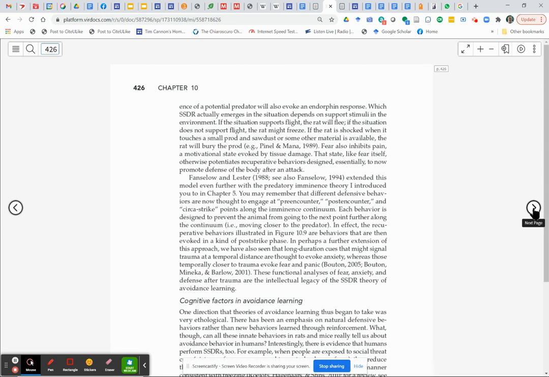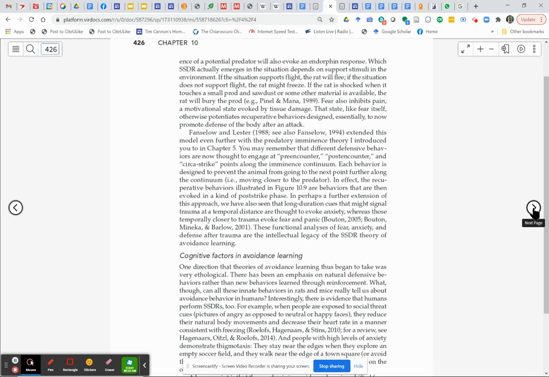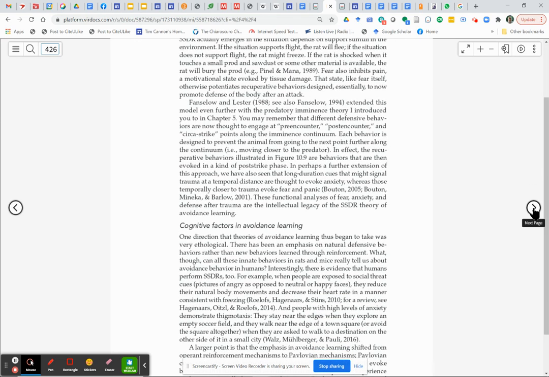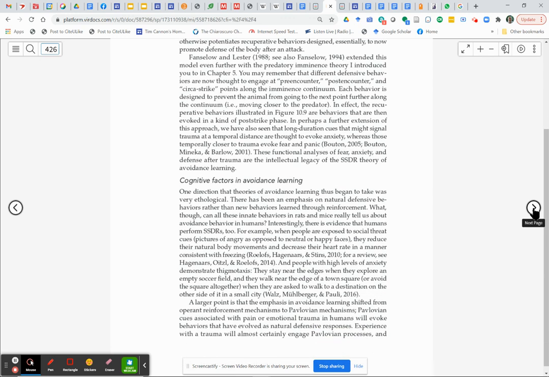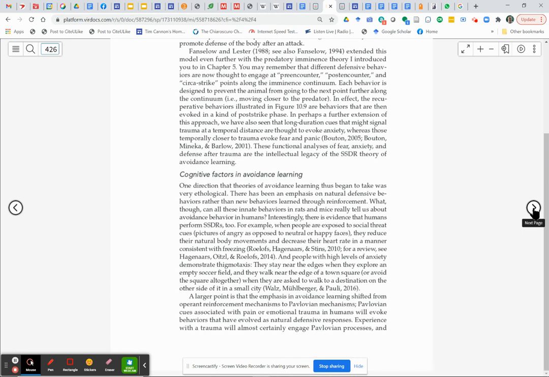Now there's the burying behavior, pre-encounter, post-encounter, and there's Bouton. So he was involved in this, and again, he's related to Bolles as well.